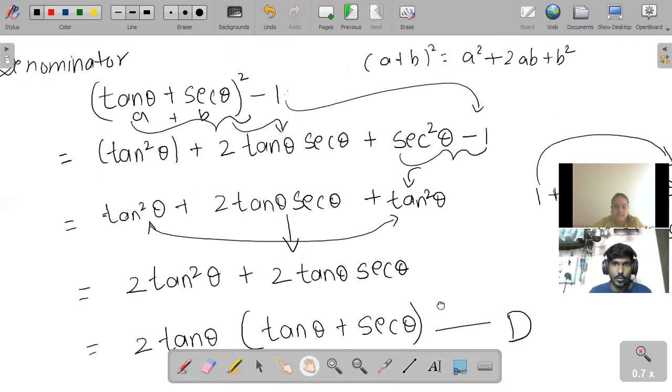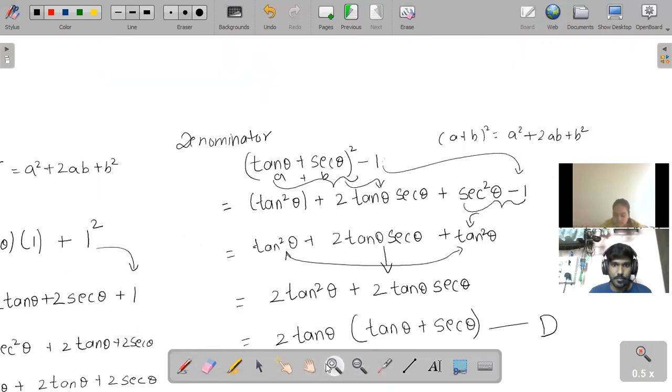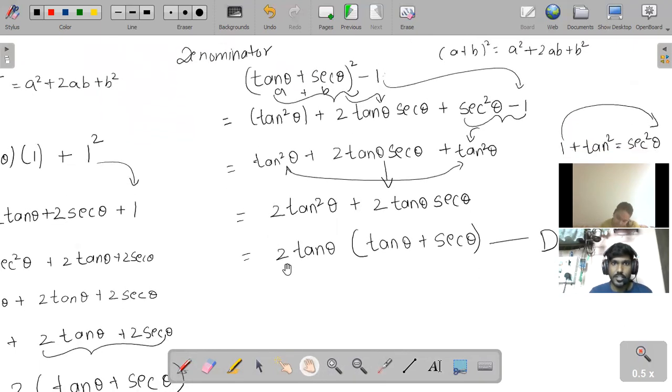Okay, I want you to write this. And now this is the denominator.